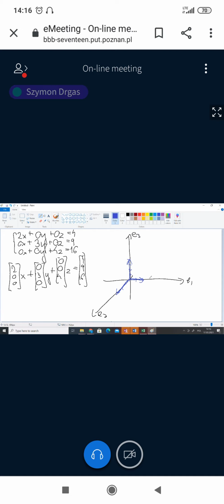Okay, so we have 2, 3, 4, then we have 9, so 3, 4, 5, 6, 7, 8, 9, and then we have 16, so it is outside this picture, 4, 9, 16, but the solution will be the same.